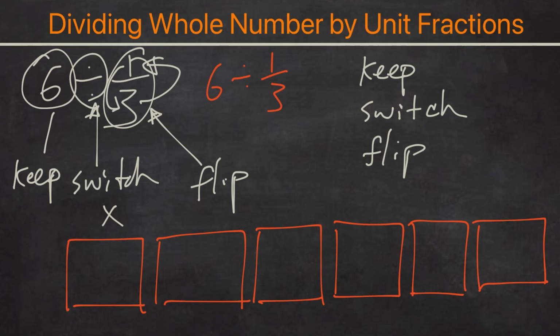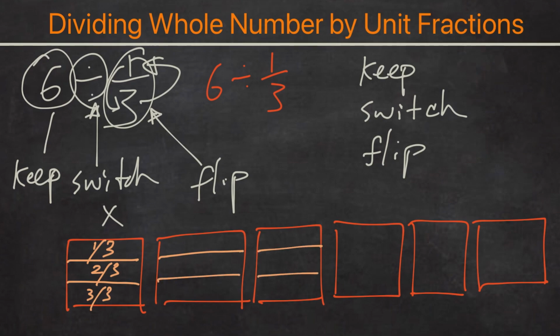I'm going to rewrite this so you can see it clearly. Each of these boxes will be divided in groups of 1/3. 1/3 will look something like this. That's 1/3, and that's 2/3, and that's 3/3. So that's a whole. And then we would literally do it the same way with the rest of the boxes.